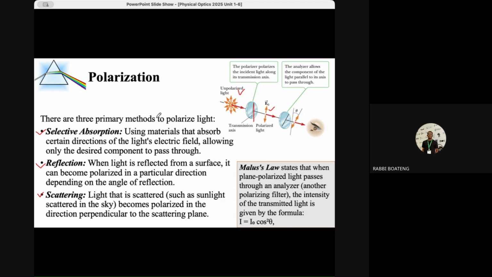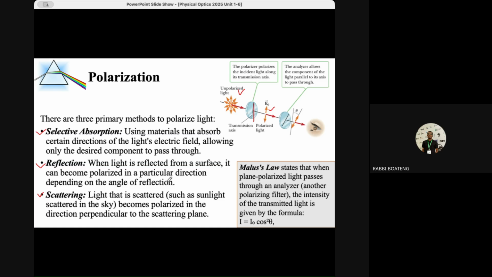And in scattering, light will hit the surface, and this time around it will be polarized in a particular direction depending on the scattering plane. So there are three particular categories when polarizing a light: selective absorption, reflection, and scattering.